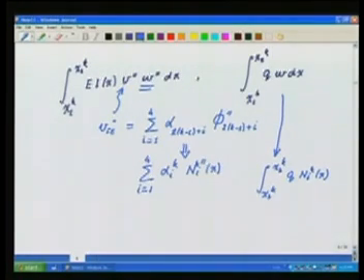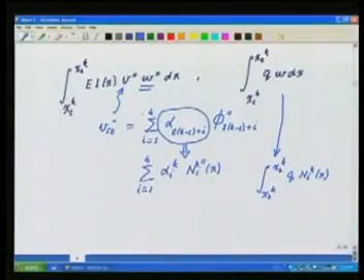Which rows is it going to? It is going to row 2k minus 1, row 2k, 2k plus 1, and 2k plus 2. Columns will come from this alpha I part. So columns will be column 2k minus 1, column 2k, column 2k plus 1 and column 2k plus 2.